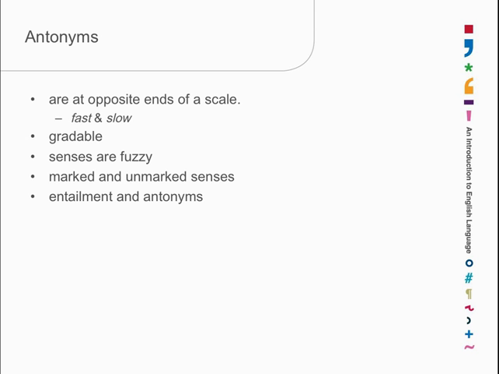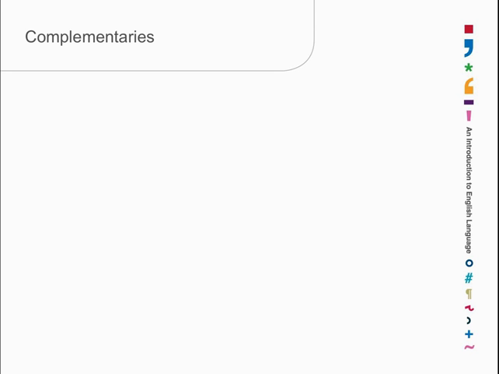Here's another kind of oppositeness, rather different this time. These are mutually exclusive senses. If something is one, then it can't be the other, and there's nothing in between. Let's look at boy and girl. If someone is a boy, then it follows that they are not a girl.